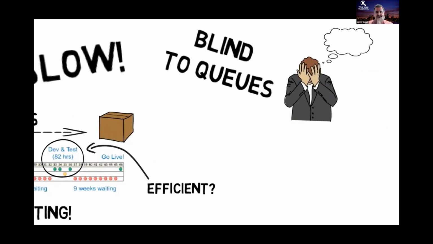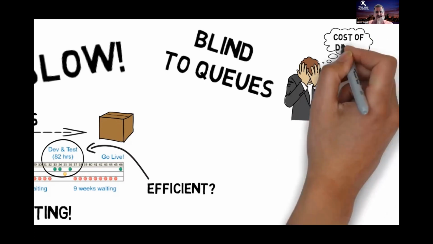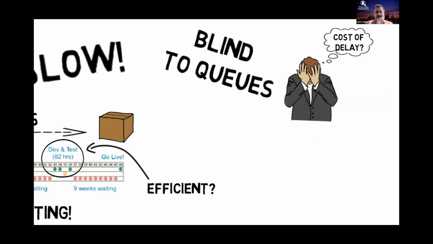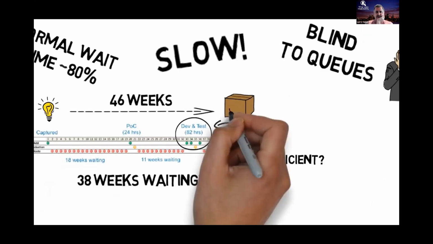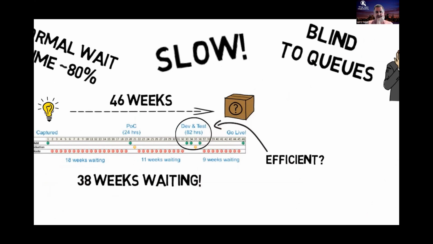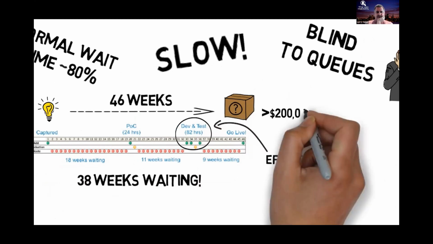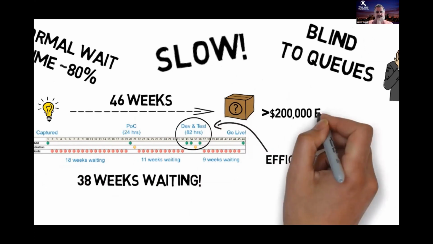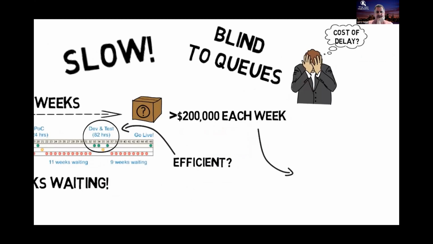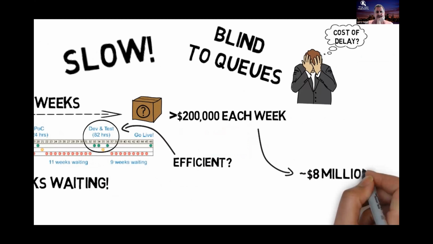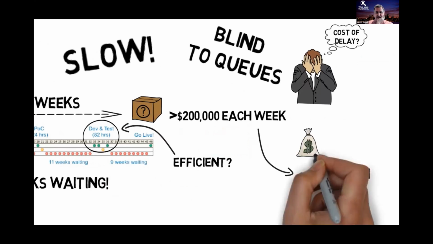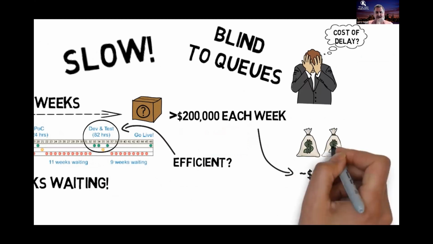Our gut feel about the urgency and value of things is often quite wrong. For instance, when we worked out the cost of delay for this feature, we discovered that it was actually worth over $200,000 per week. So, the 38 weeks that this opportunity spent waiting in various queues actually cost the organization almost $8 million in revenue. If they had known the cost of delay earlier, they would have done a number of things differently.